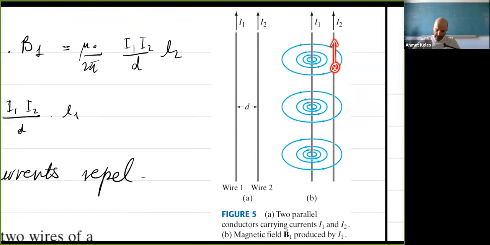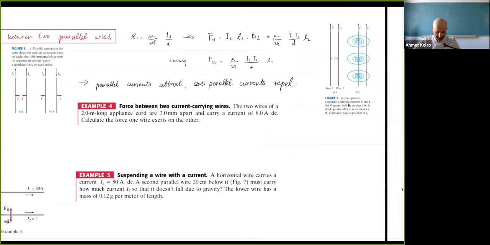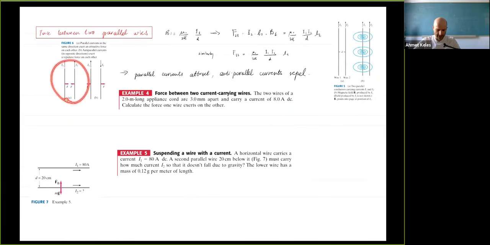If you do the right-hand rule, along the wire, curl your fingers, stick your thumb out, it's going to be like this. So this wire is going to be pulled in this direction. Similarly, the other wire is going to be pulled in this direction. So if the currents in the wires are in the same direction, they are going to be attractive.